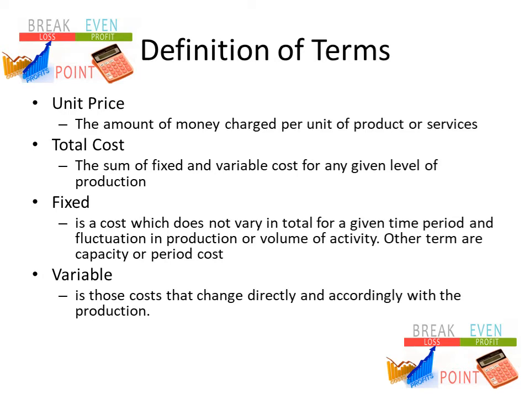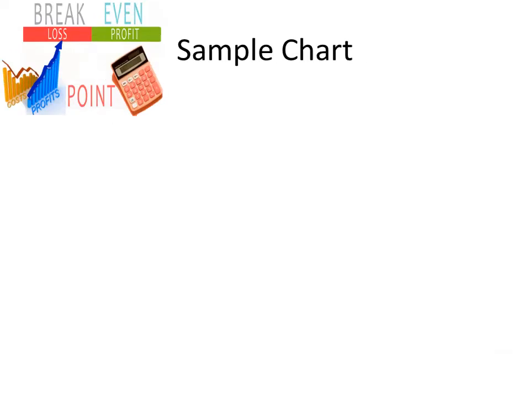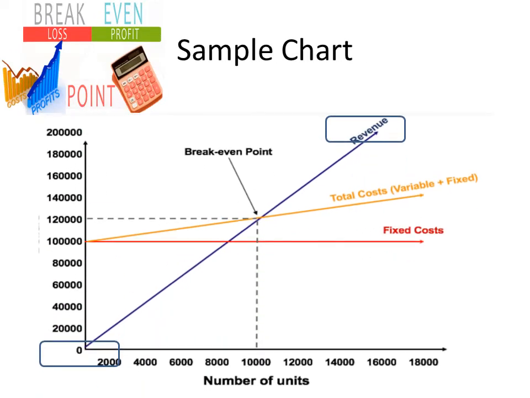Unlike fixed cost, if the fixed cost is 100, whether we produce 1, 10, or 100, we still incur 100 as long as it is within the capacity. Break-even is when the total cost of the product and the revenue meet. When they meet together, that is the break-even point per chart.